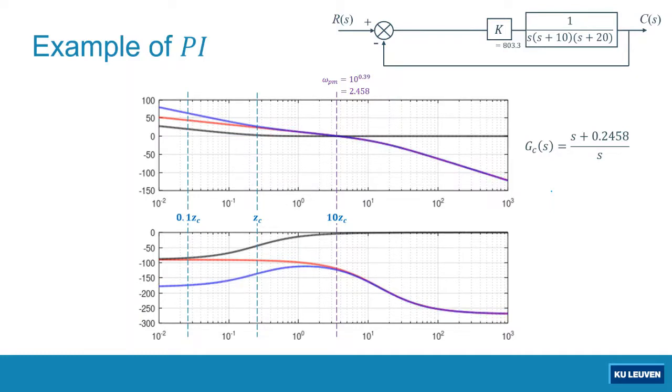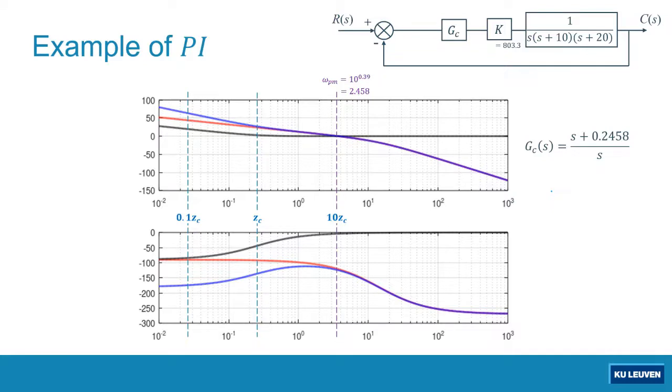Okay, so that's how to mitigate that problem. I have my new GC here with ZC equal to 0.2458, 1 decade below the desired phase margin frequency.